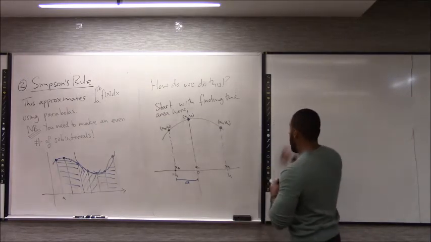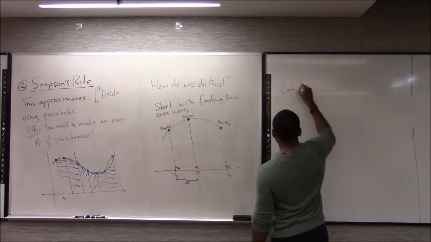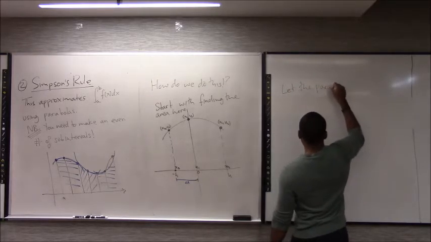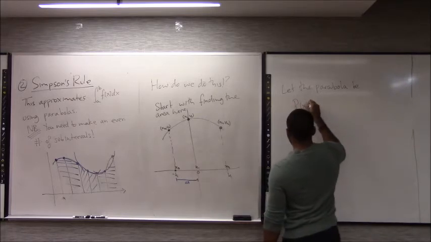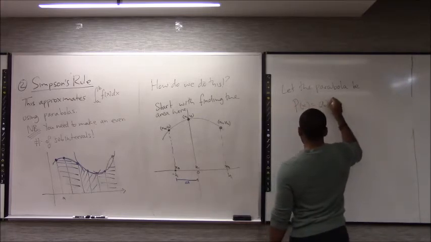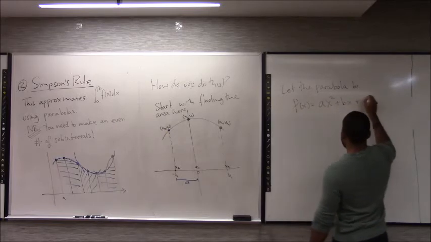So what Simpson did, he basically said, let the parabola be, say, p of x equals ax squared plus bx plus c.